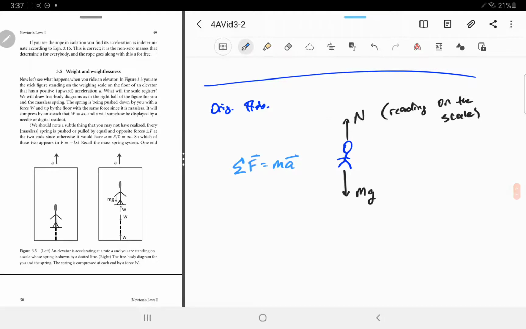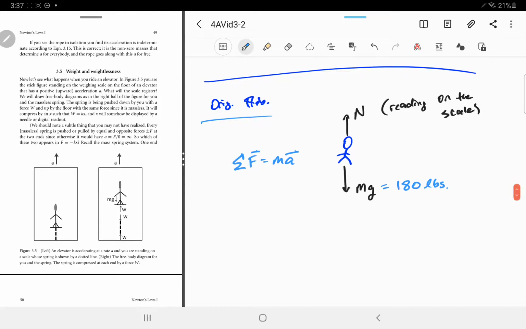So we know that this mg is what the person normally weighs. So what that means is that if you stood on a scale not in the elevator, then the scale reading is going to read exactly what your mg is. So we know that John normally weighs 180 pounds. So the mg for John is 180 pounds.